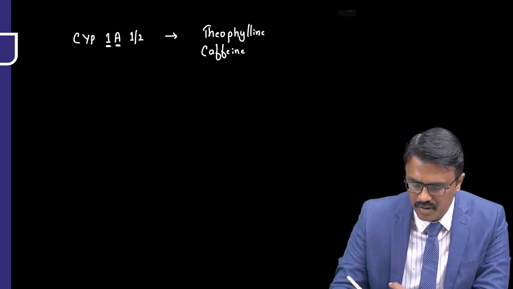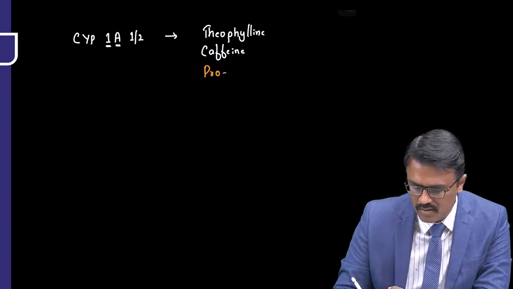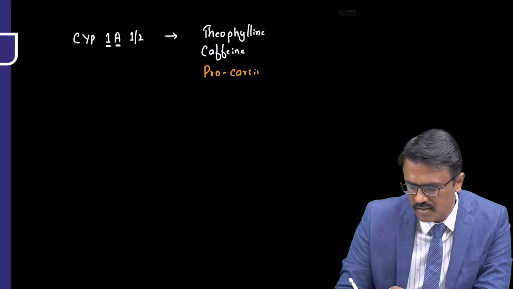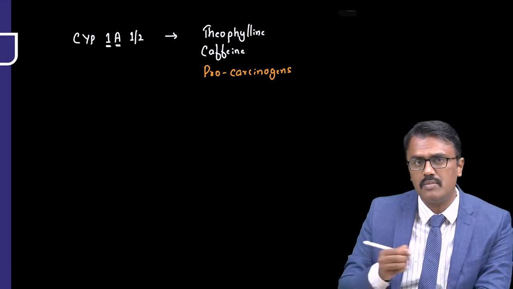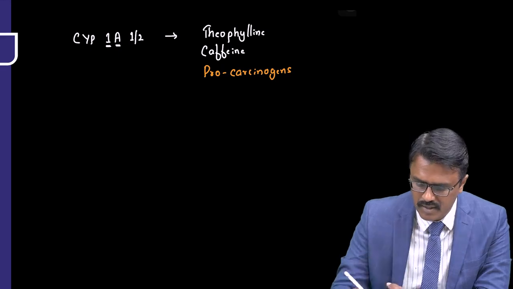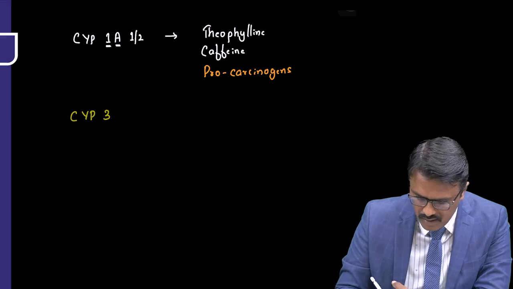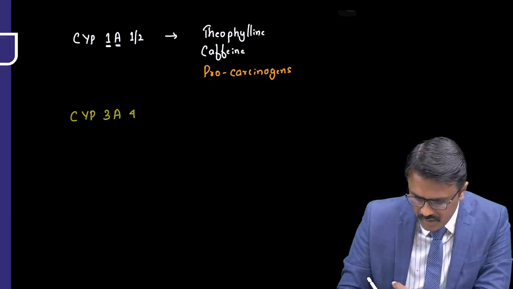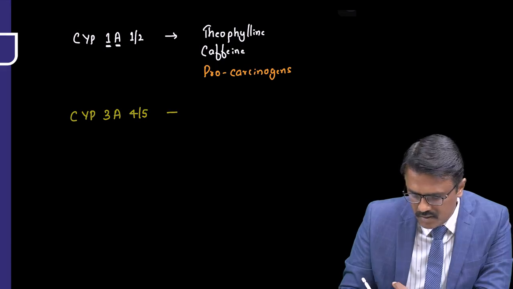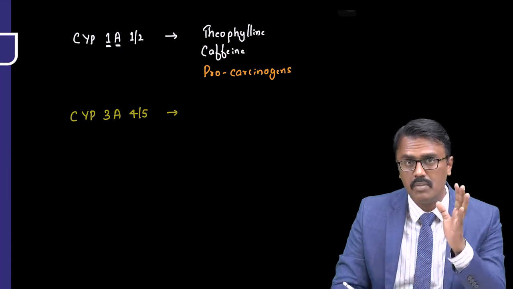And also, if you correlate with pathology, the pro-carcinogens. What are pro-carcinogens? If you activate them, they become carcinogens. They are also metabolized by cytochrome 1A1/2. Okay. Then cytochrome 3A4/5. Now this is the most common drug-metabolizing enzyme in cytochrome. Most common.